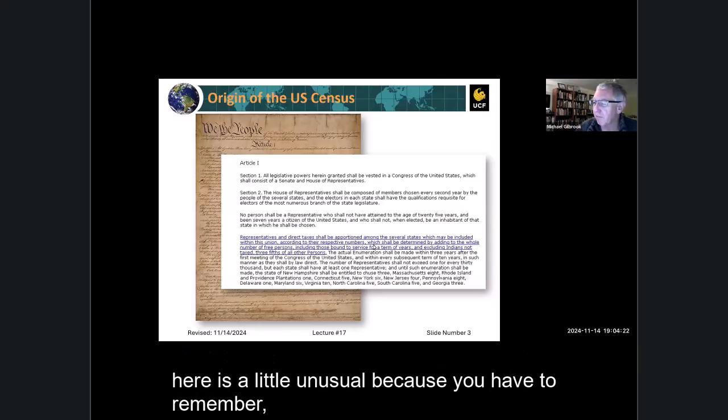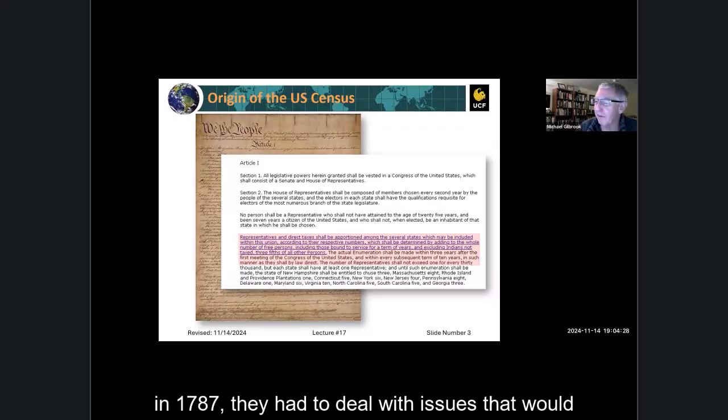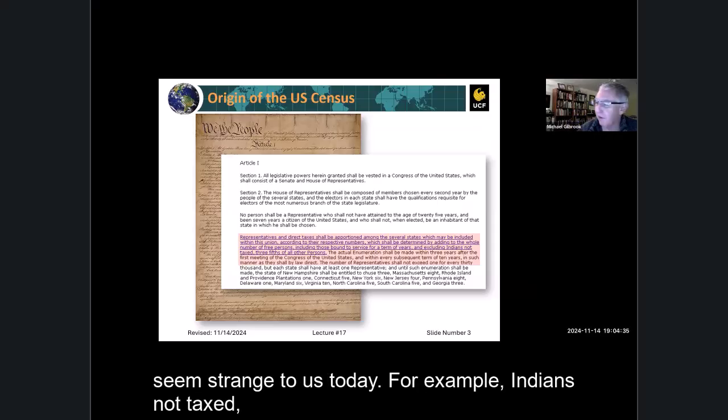Now, the language here is a little unusual, because you have to remember in 1787 they had to deal with issues that would seem strange to us today. For example, "Indians not taxed."